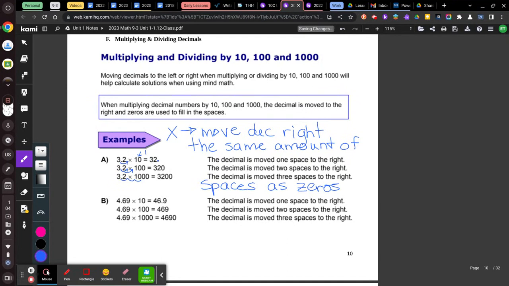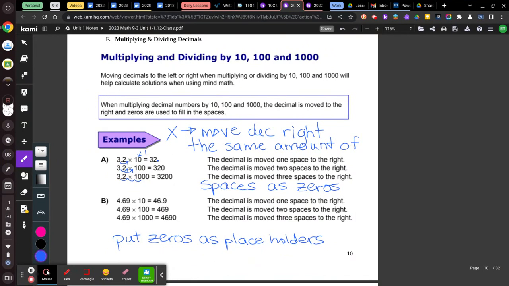When you move your decimal, you must put zeros for place values. I think it's like the money thing where you have to have... Yep, exactly. Zeros as placeholders. Okay, so you need zeros as placeholders.